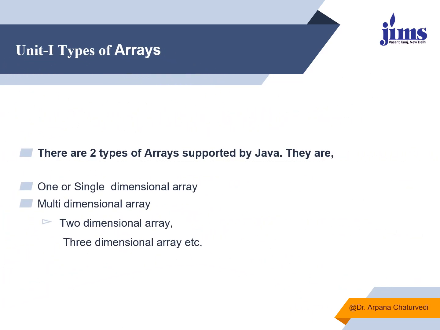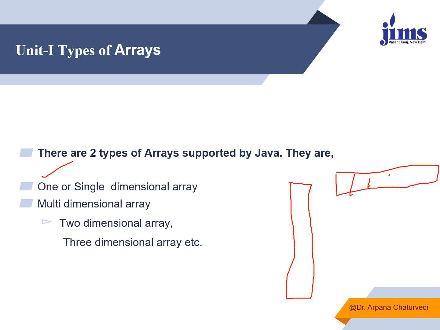There are two types of array. One dimensional array can be shown in this way or in this way, right? It depends on what kind of data values they have and what the size is. Depending on that, the memory size will get allocated.